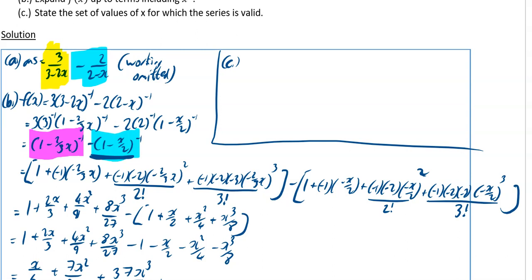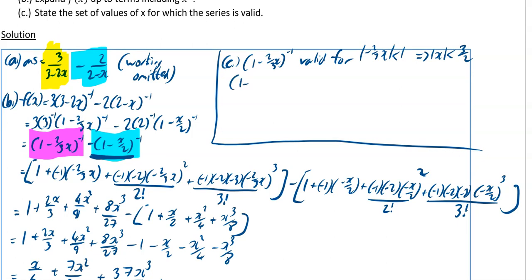So the pink series then, 1 minus 2 over 3 x to the power of minus 1 is valid for modulus of minus 2 over 3 x is less than 1. Sorry, modulus of 2 over 3 x is less than 1, which with a wee bit of working out means that modulus of x is less than 3 over 2.